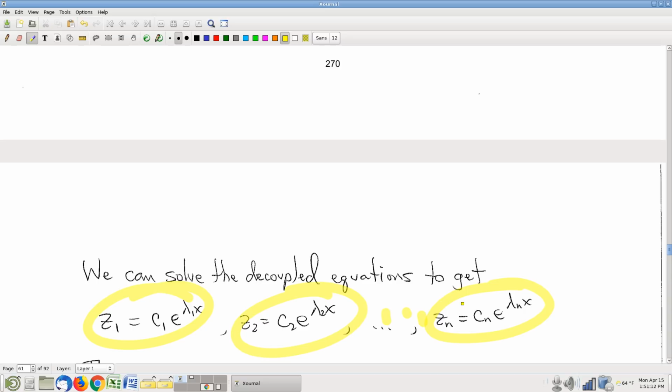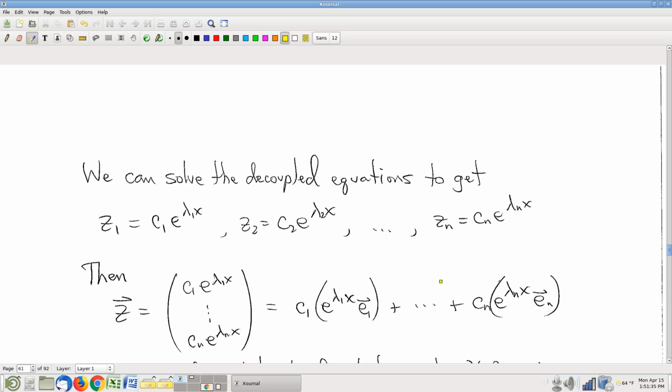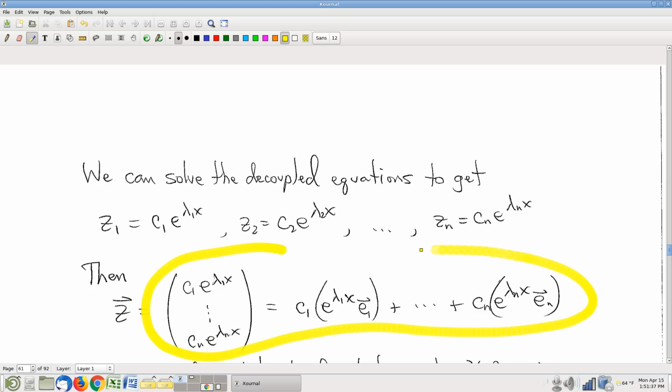So how can I rewrite this as linear algebra? Well, for one thing, I can take these solutions and assemble them into a general solution vector. Remember the idea of the z equation is that we have a z vector of functions. So here they are. Again, just Calc 2. Now let's take a linear algebra point of view on this and note that this can be rewritten as a linear combination like that.